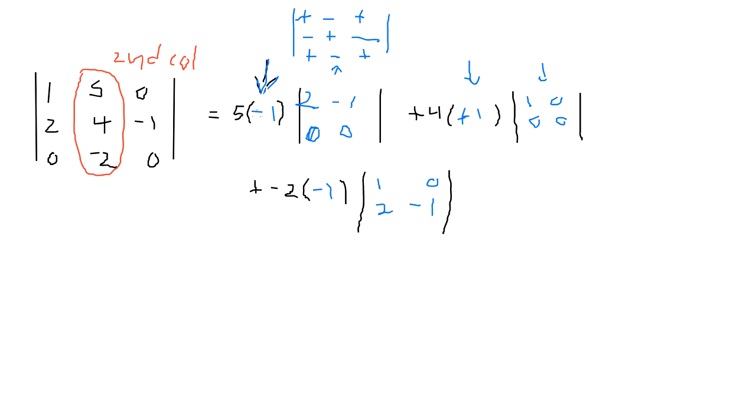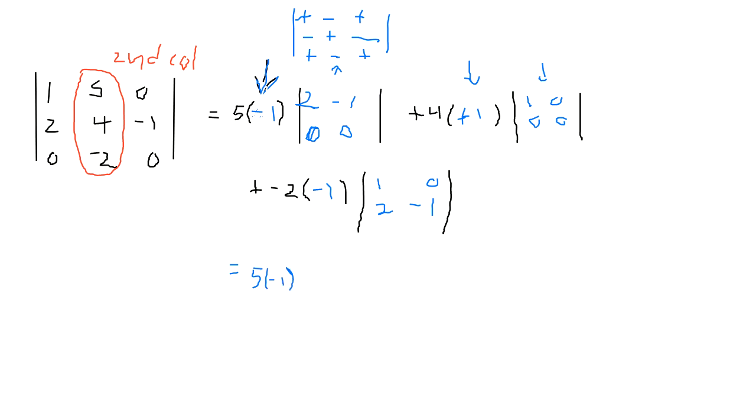Are there any questions? All right. So let's compute our determinant then. So we're going to have 5 times -1.